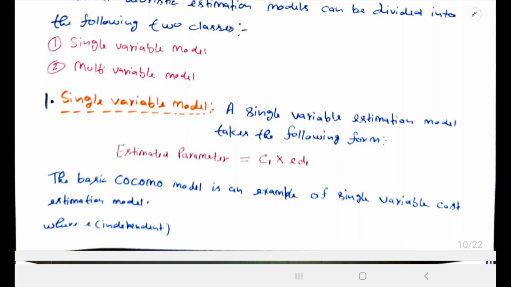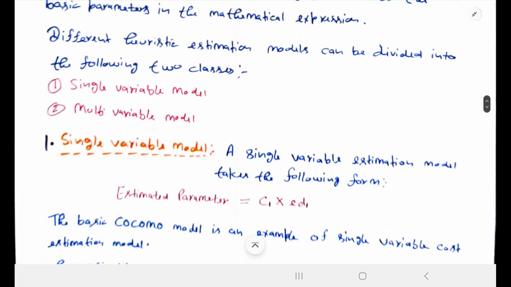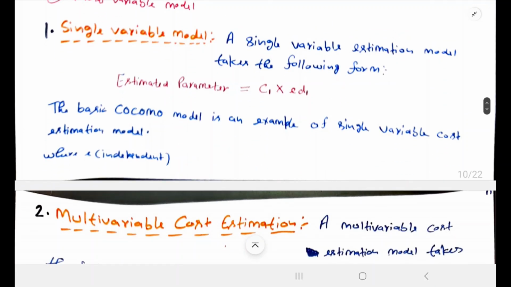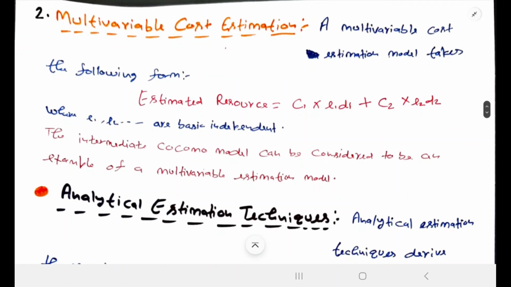Sorry, I have to tell you about COCOMO in the empirical model as well. This will also be an example of heuristic as well. The second one is multivariable cost estimation. Here, as the name suggests, there will be multiple independent variables.